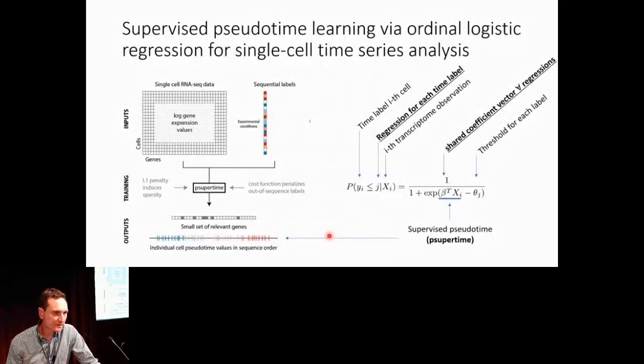As the name suggests, the method is essentially a logistic regression model. And in fact, it's a set of parallel logistic regression models that try to do classification of samples with respect to every single time point that has been considered in this study.